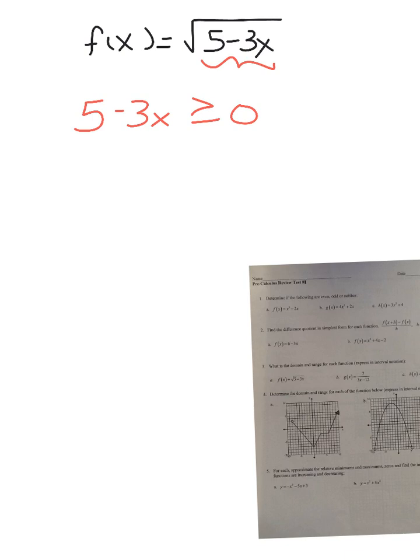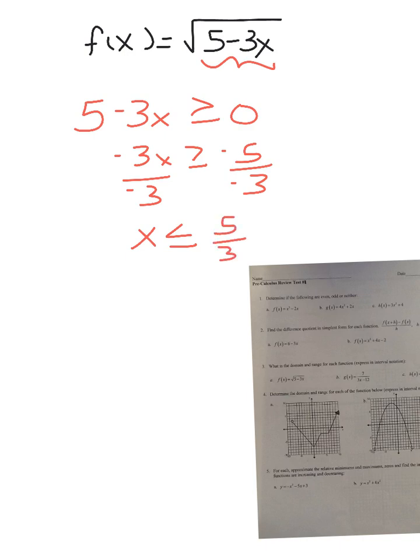And now you're going to solve this. So minus 5, so negative 3x is greater than or equal to negative 5. Divide by negative 3. Remember, when you divide by a negative, you flip the sign. So it's positive 5/3. So every number less than 5/3. So that would be from negative infinity to positive 5/3.